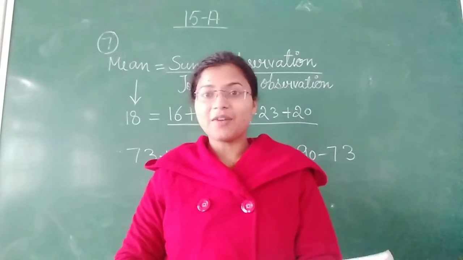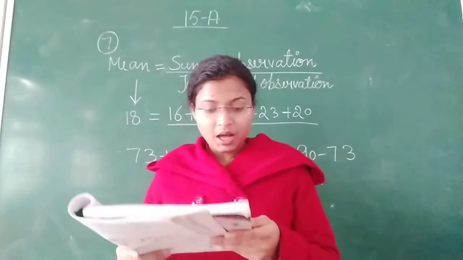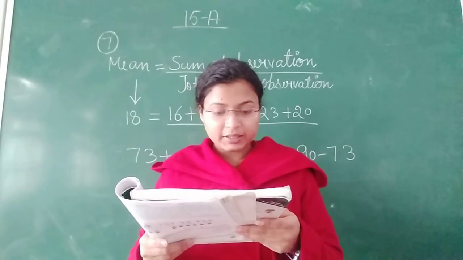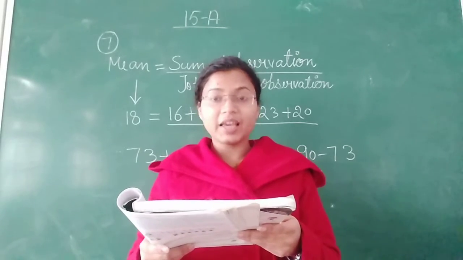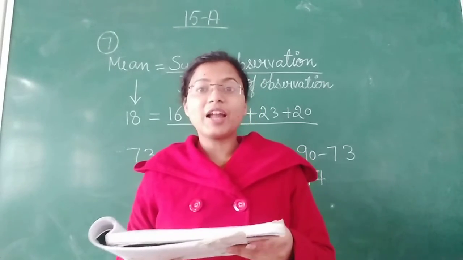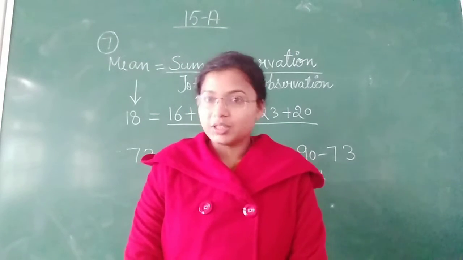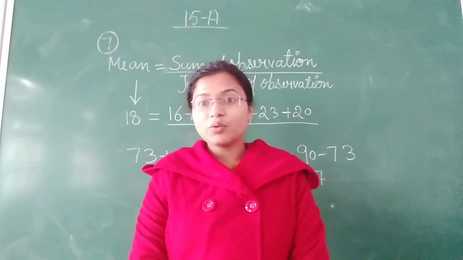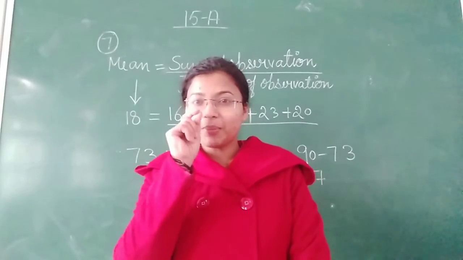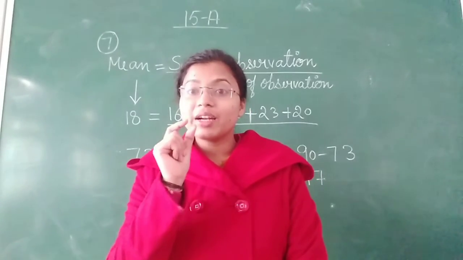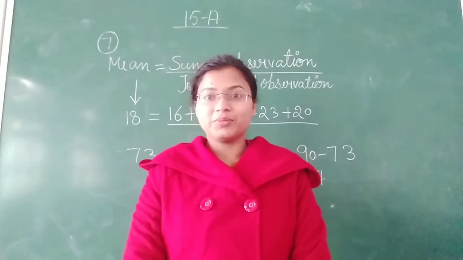Now let's read our question number 7. If the mean of 16, 14, x, 23, 20 is 18, then find the value of x. You have to follow the same procedure. But in this question, the little bit of difference is that you are already having your mean value.